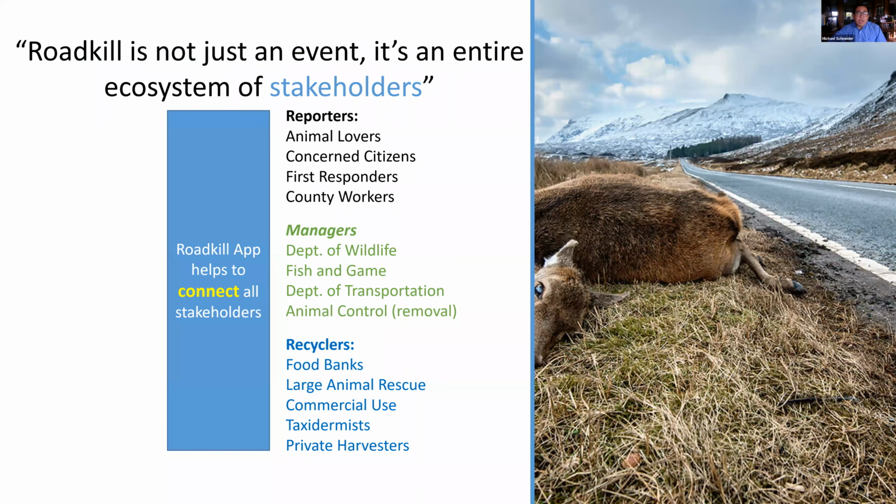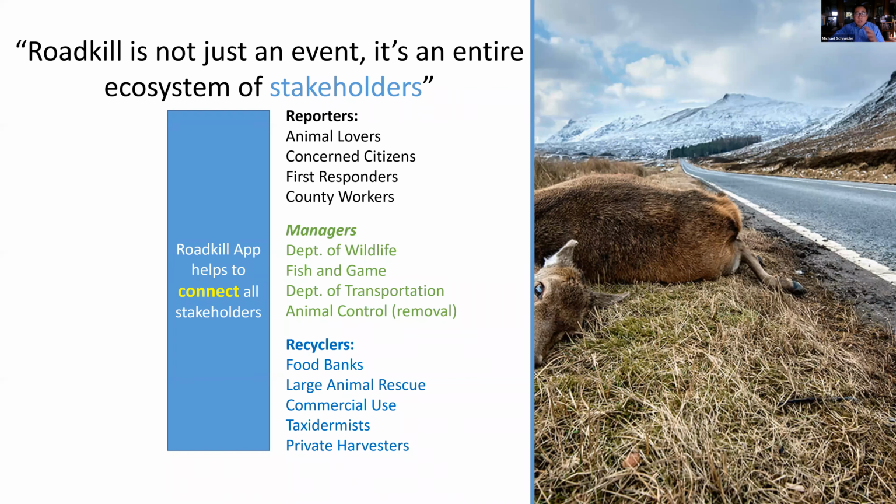Now, from a roadkill standpoint, the journey we took really uncovered the fact that there are a lot of different stakeholders that are interested in roadkill. And so when you're profiling, you really need to recognize that there are lots of different users coming into your system or application. So for us, there's all kinds of folks and organizations that are interested and in some cases maybe responsible for reporting.